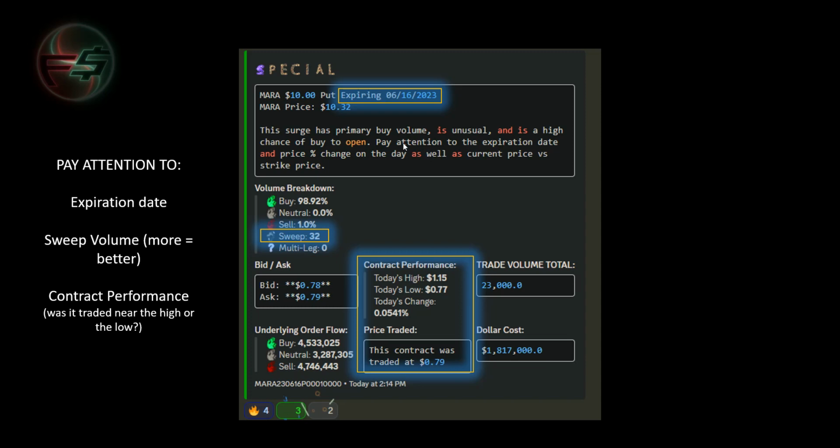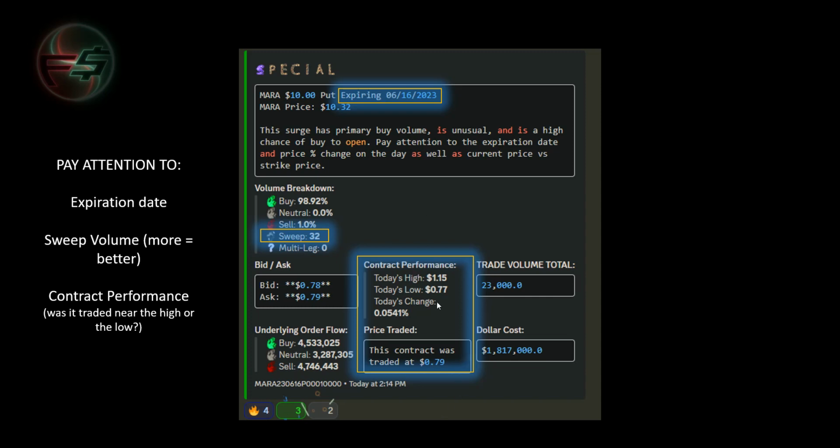You would want it to be bought near the low, not the high, because although these are very likely buy to open trades, it's not guaranteed. There is always going to be an off chance that this could be a buy to close. So that being said, that is why you want to assess some of these metrics in these feeds, such as contract performance.